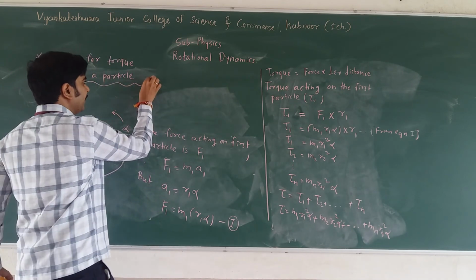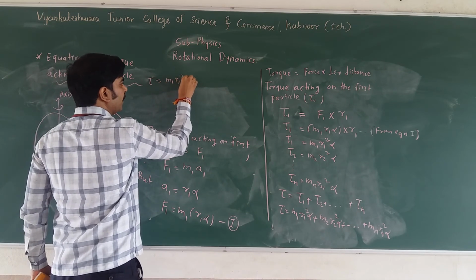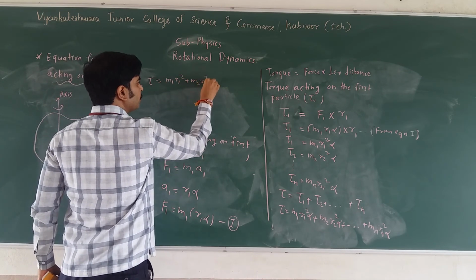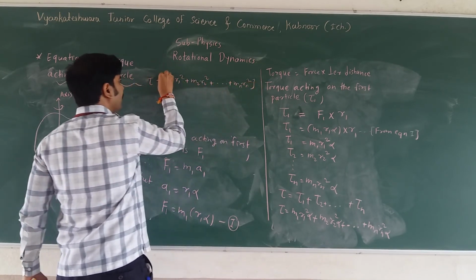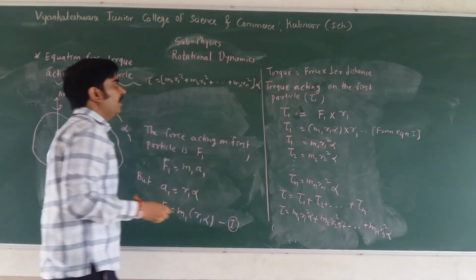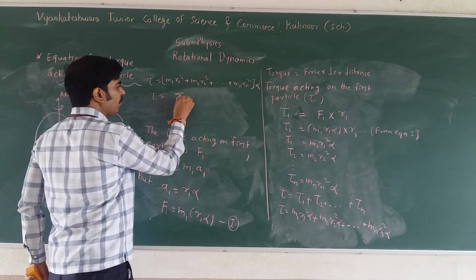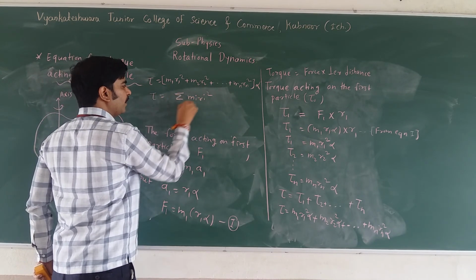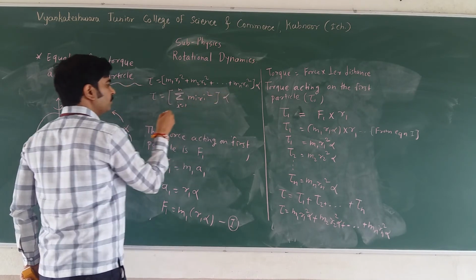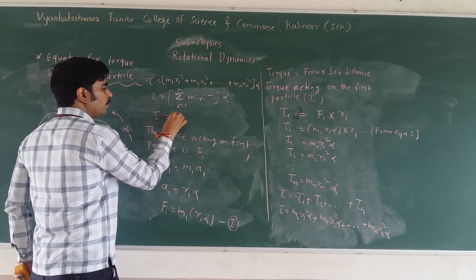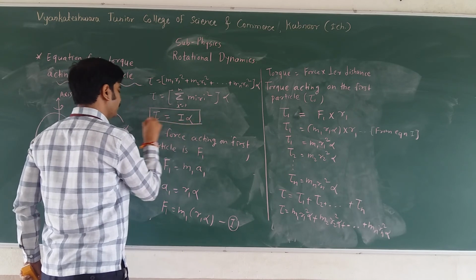So you can observe that torque is equal to (M1 R1 square plus M2 R2 square plus up to Mn Rn square) into alpha, and this term is nothing but the summation of mi ri square, i is equals to 1 to n, into alpha. So this is nothing but the moment of inertia. So torque is equals to I alpha. This is our final equation.